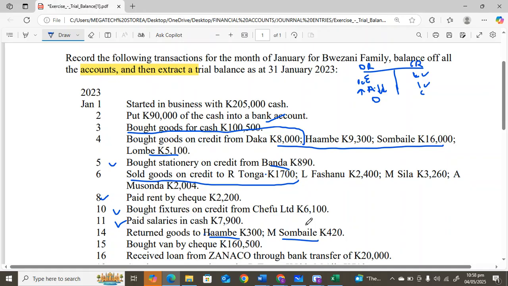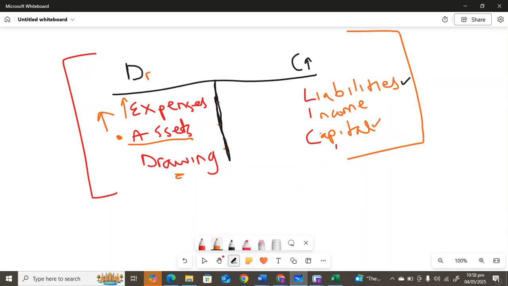That we owe, right? So there's a reduction in our liabilities, and a reduction in liabilities, you debit, right?